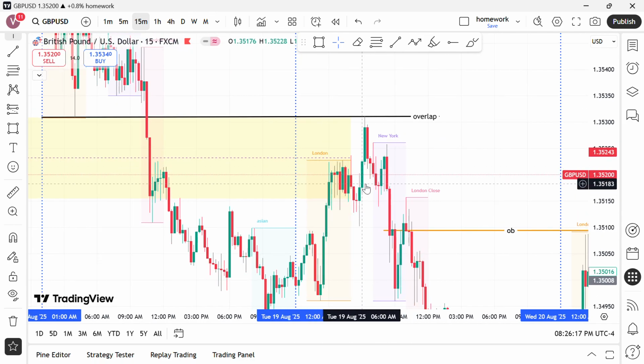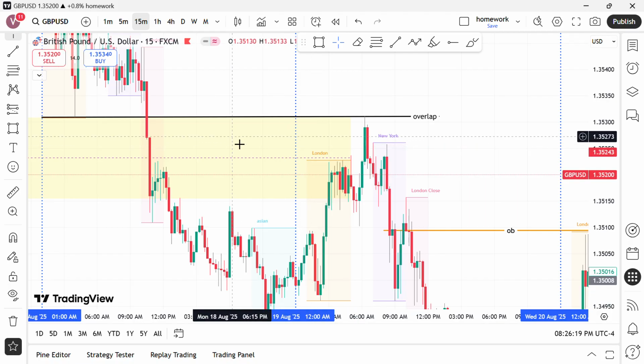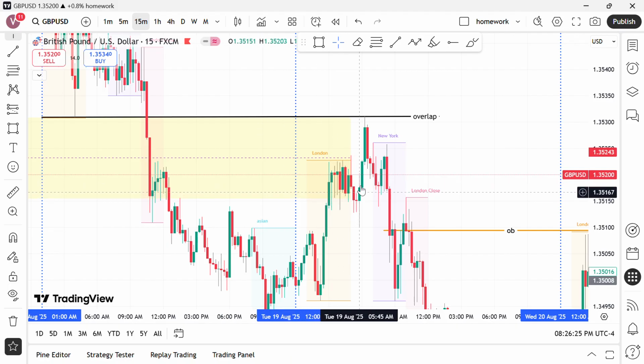In this upward move, it tried to fill in the FVG that was left open on Monday. Next, the time between London and New York is known as lunch break, and generally nothing much happens in this time, and we are not supposed to place trades because markets are not that active.